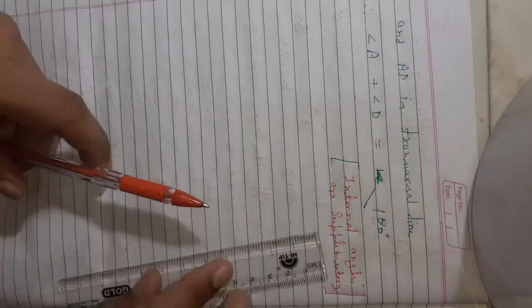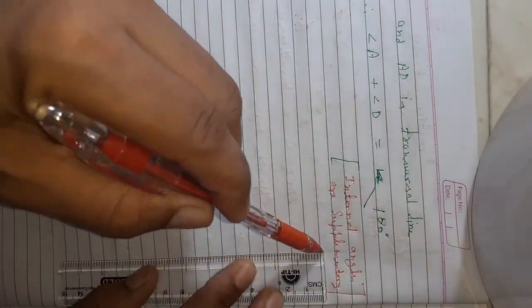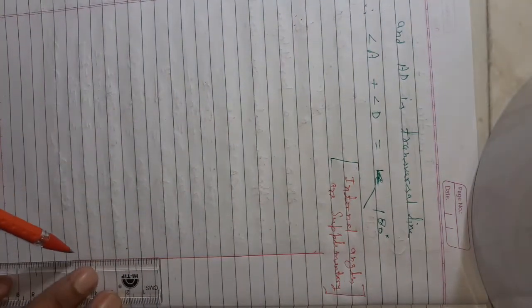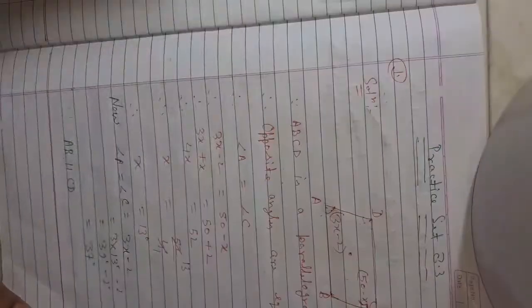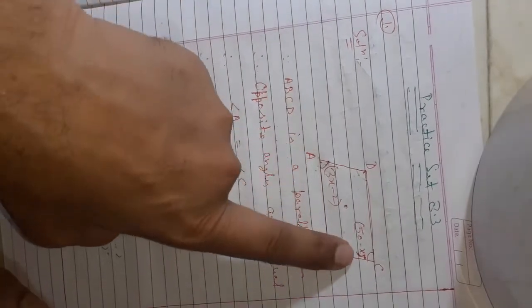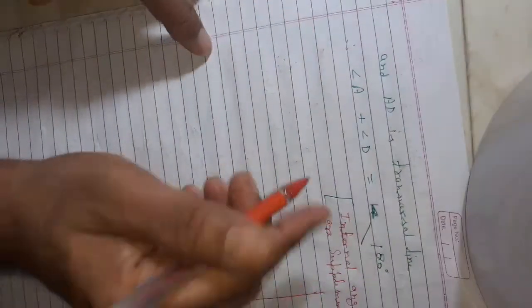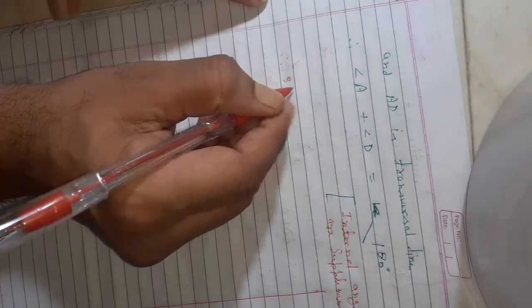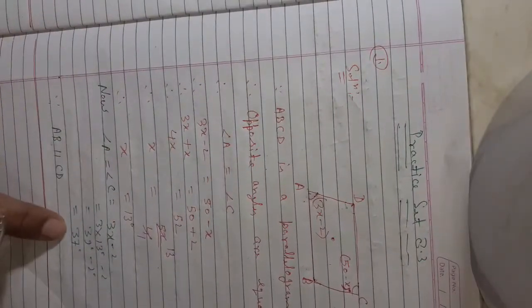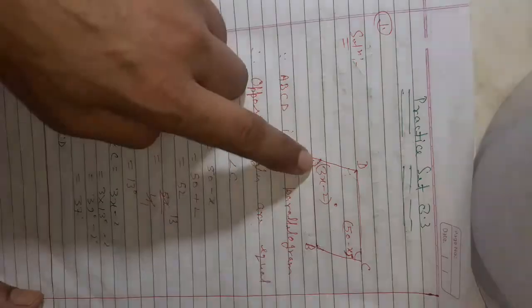One second, I am making a line here. So angle A plus angle D is equal to 180 degree, and here angle A is 3x minus 2 degree, which you got as 37 degree.